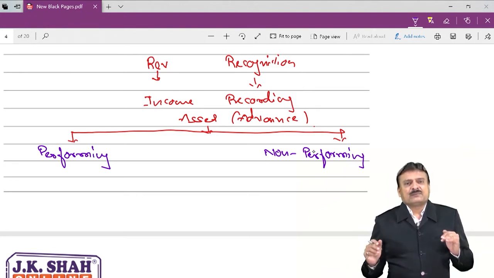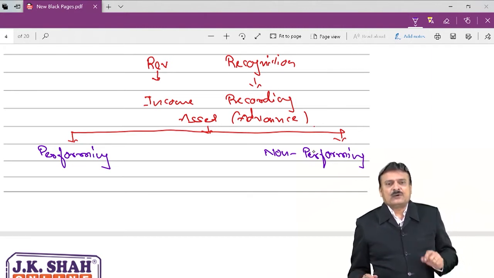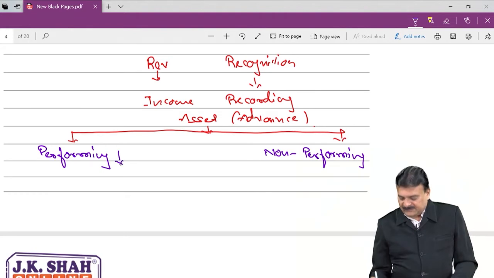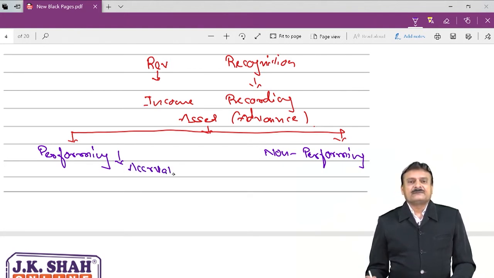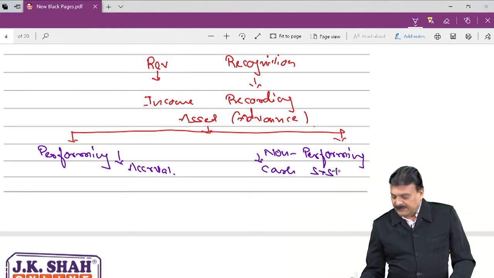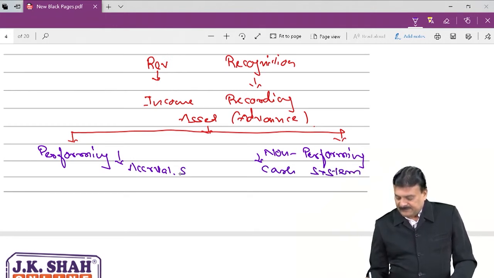Now, coming to our subtopic, revenue recognition, recording of income. If income is generated by performing asset, it should be recorded on accrual system. And if income is generated by non-performing asset, it should be recognized by cash system.